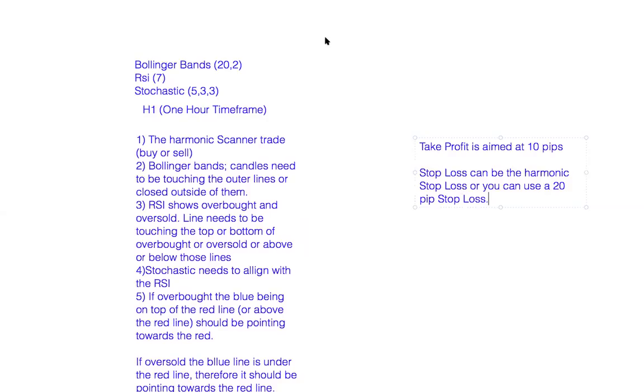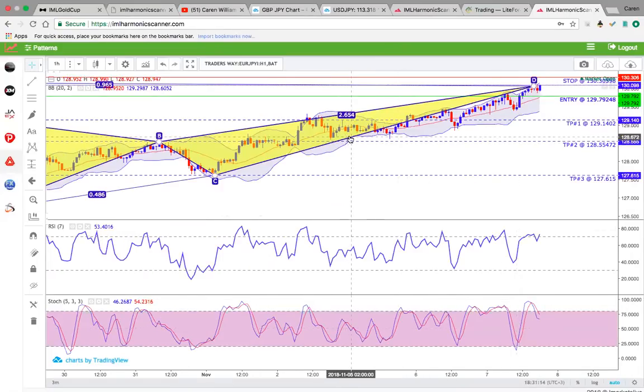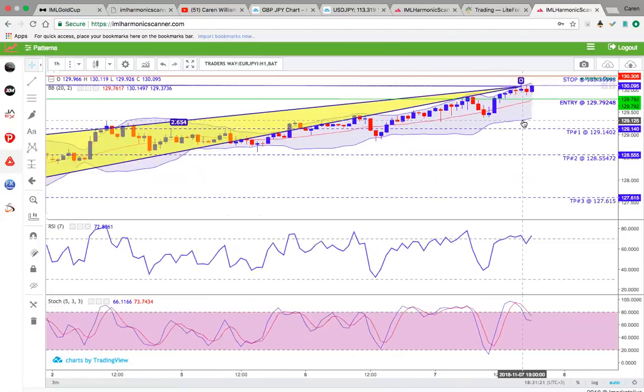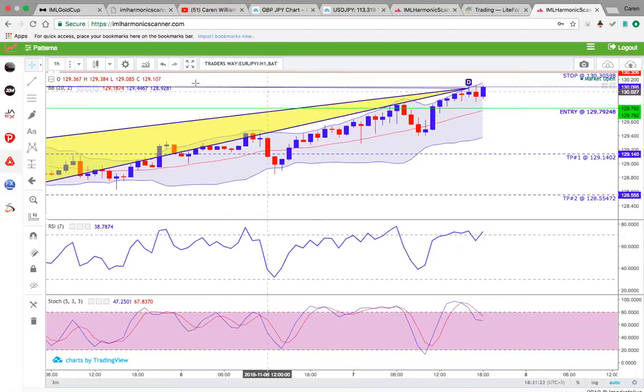Good. So let's go over now to the harmonic scanner and put everything that we would have typed so far into perspective. All right. So this is a 1 hour time frame for your JPY. We want to see if this is a good trade to get into, right?